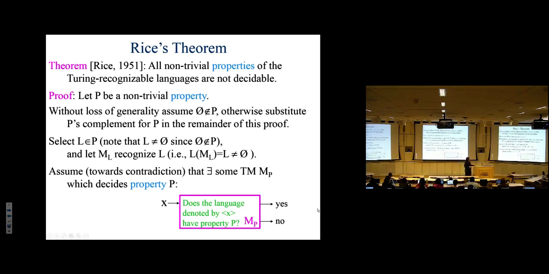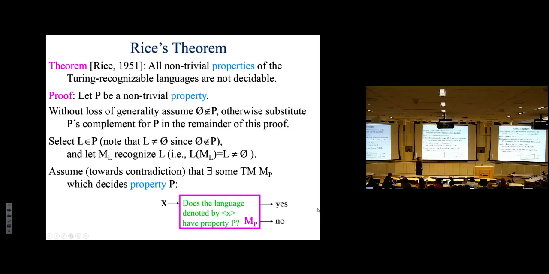Okay. So assume towards contradiction that there is some algorithm, some piece of code, some oracle, that decides whether a language has this property P. And P is a non-trivial property. So that oracle exists, it's doing something.